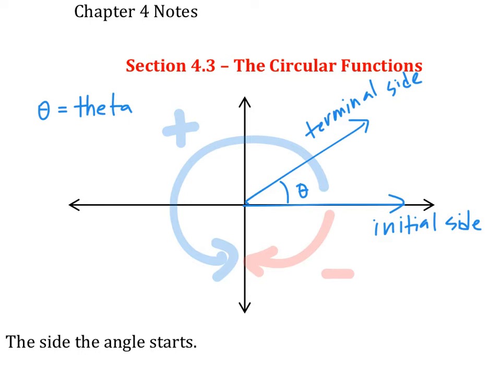So 30 degrees ends here, right? The initial side never moves. What's another angle that ends on that same side as 30? Negative 330. Okay, negative 330 is going to go in the negative direction. What's another angle that ends on the same side?